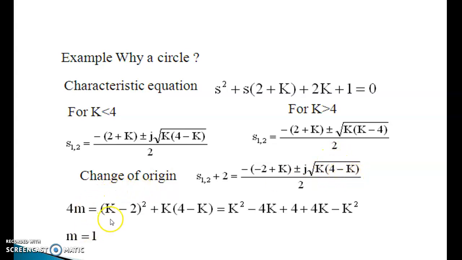So 4m = (k - 2)² + k(4 - k), that is k² - 4k + 4 + 4k - k². So m = 1.